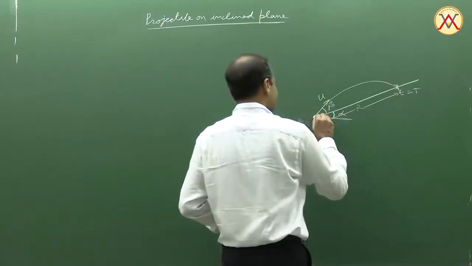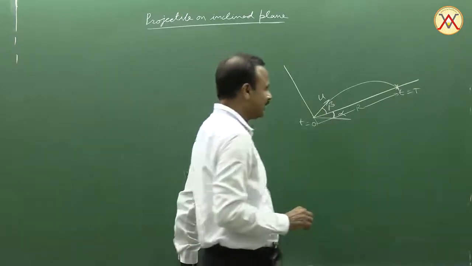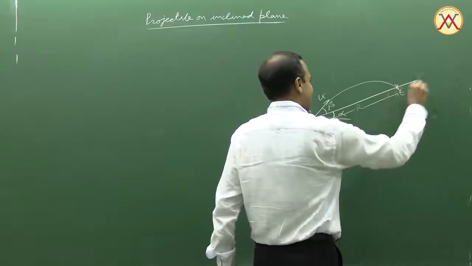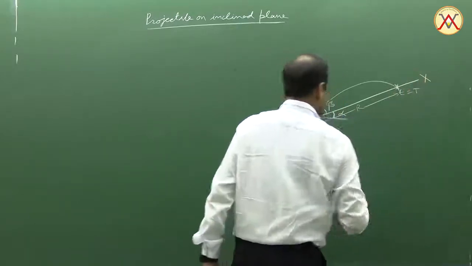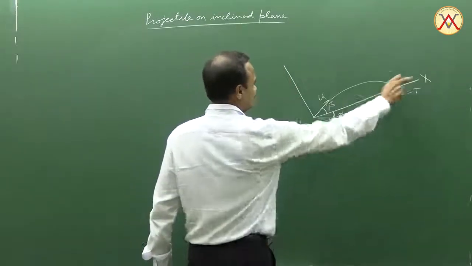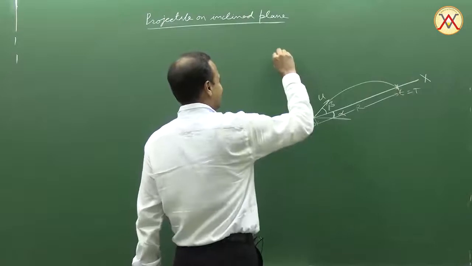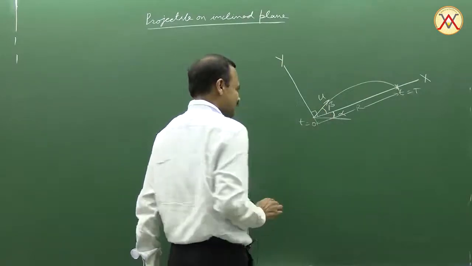In order to solve these problems of projectile on an inclined plane, we take our x-axis, let me call this capital X-axis, along the incline, and the capital Y-axis normal to the incline.